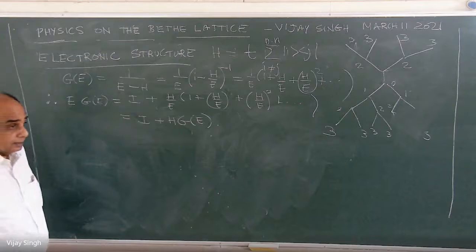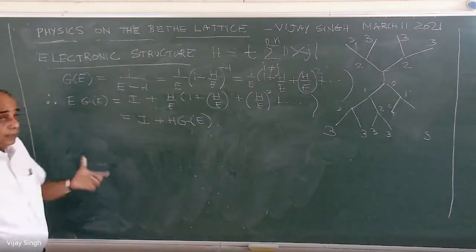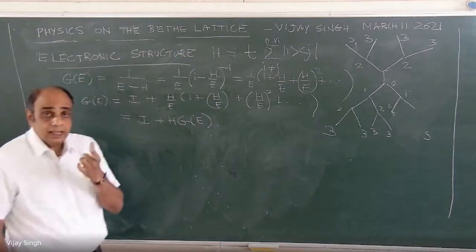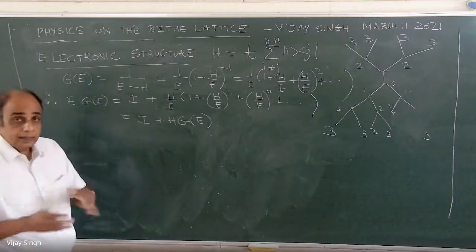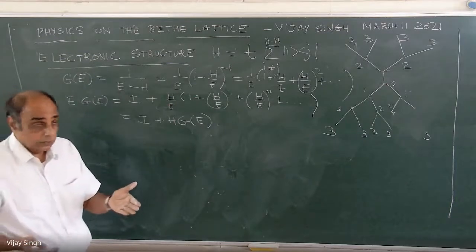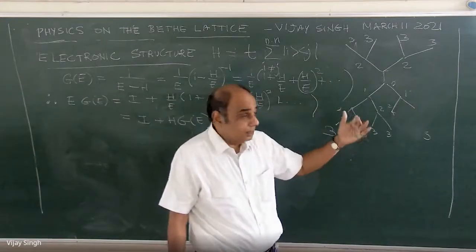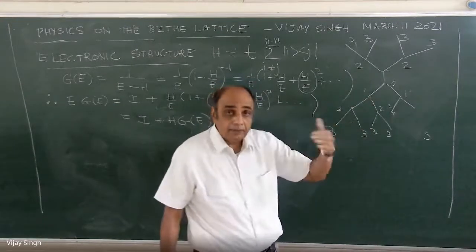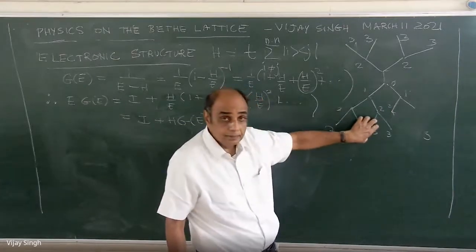If you are comfortable with this expression, what I do is I take the diagonal matrix element of the Green's function, say at the site 0. This being a Bethe lattice, there is another property that is obvious from this. It is self-similar in the sense that every point is equivalent to every other point.